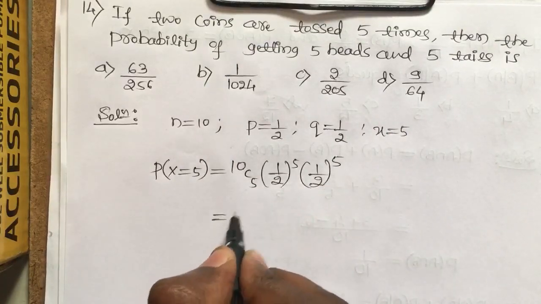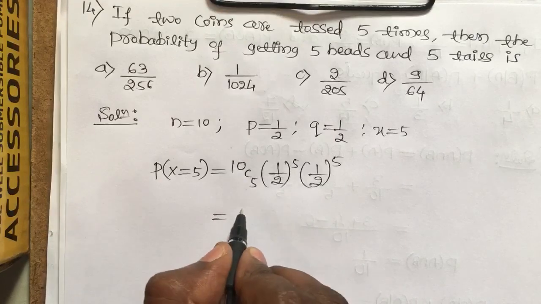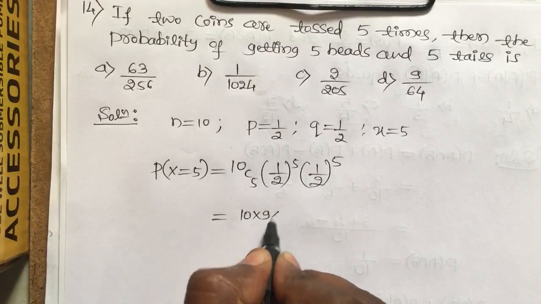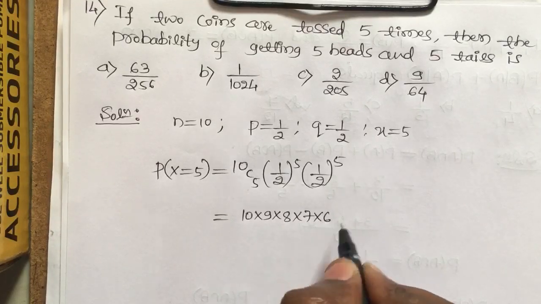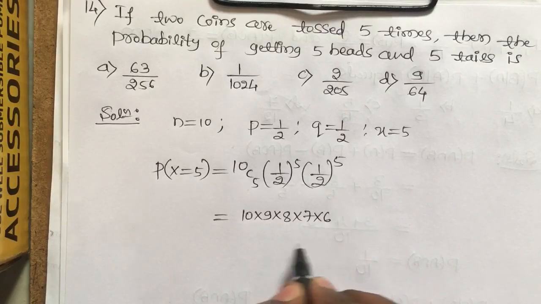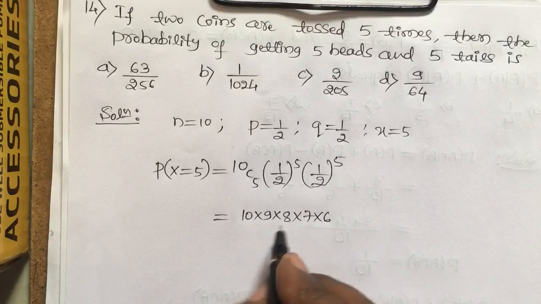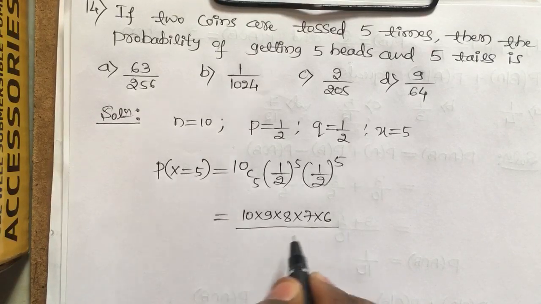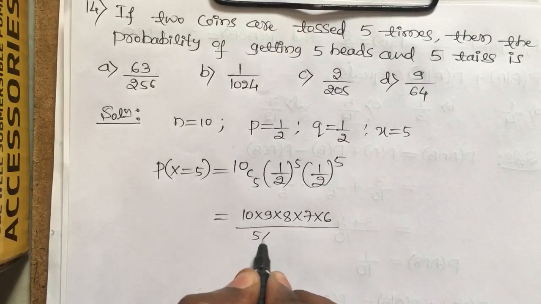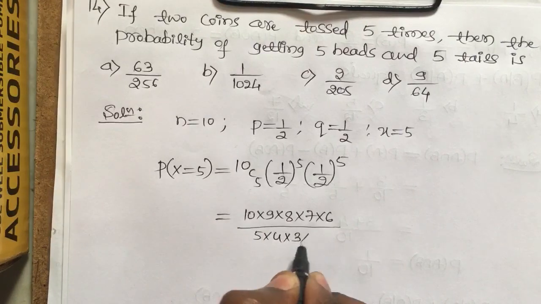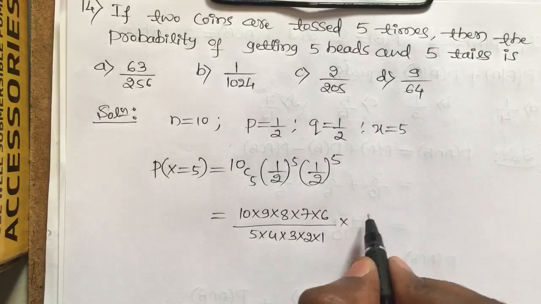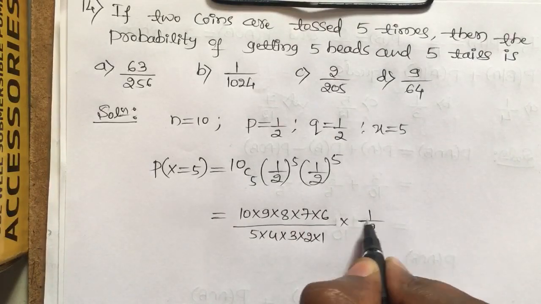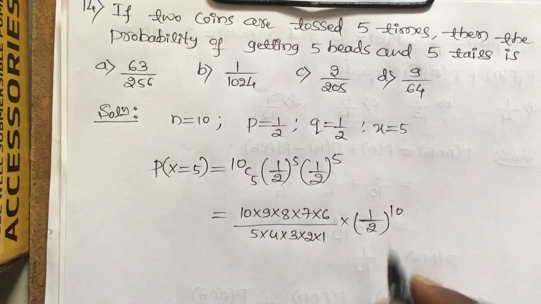So simplify this. 10C5 can be written as 10 into 9 into 8 into 7 into 6 into 5 factorial, and in the denominator we get 5 factorial, both get cancelled. Then you have one more 5 factorial, that is 5 into 4 into 3 into 2 into 1, into 1 by 2 raised to 10.